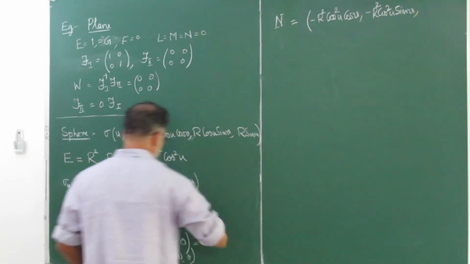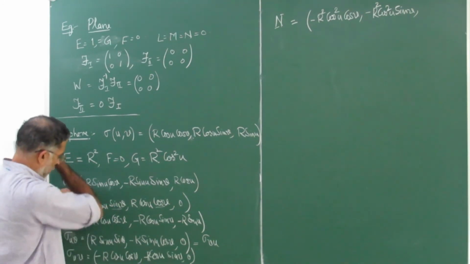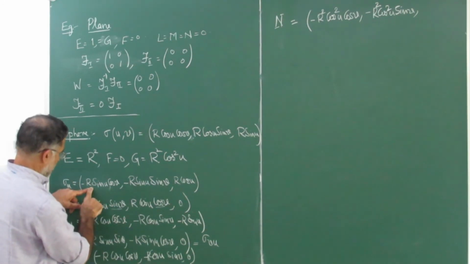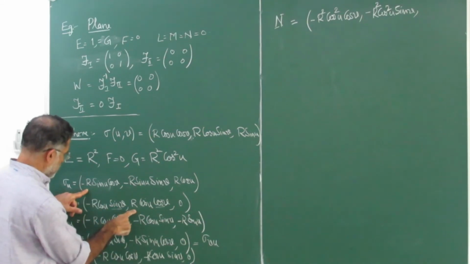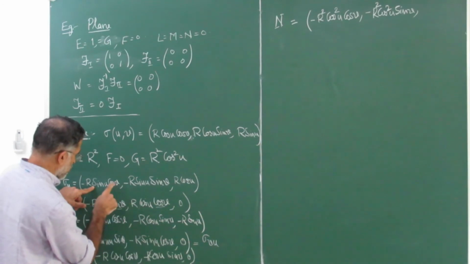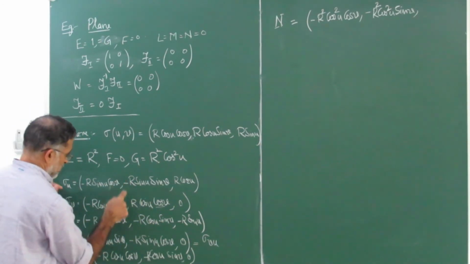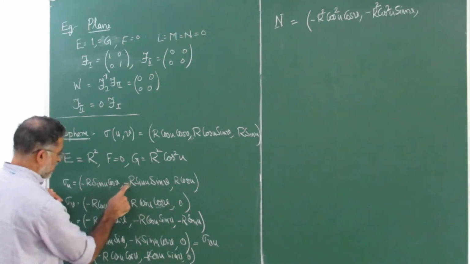And the last one, you leave this determinant of this part. So this you have to carefully check. Minus r square comes. This is sin u cos square v. And this side, there is a minus sign, plus there are two more minus signs.